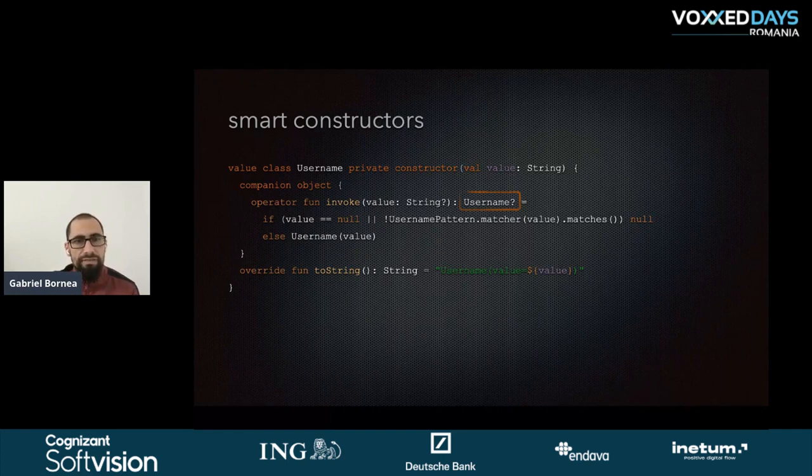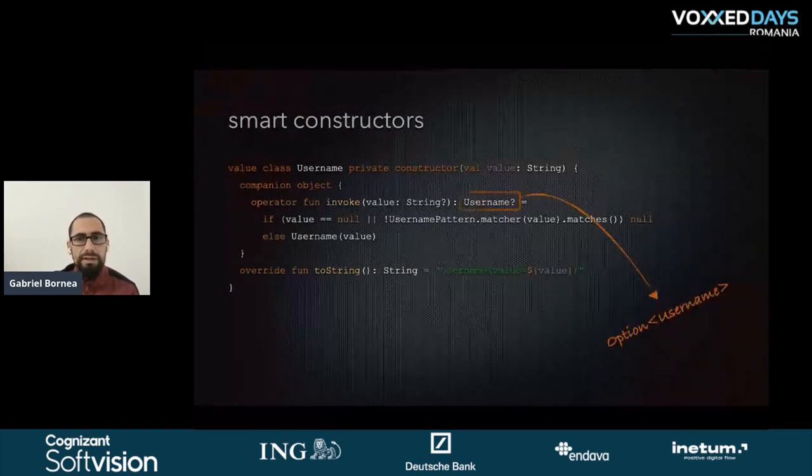And you can think of it as being something like an optional of username or an option from other languages of username. The important thing here is that this is built right into the type system. So I cannot treat it as a non-null value. I have to treat it as a nullable value, which is very good.